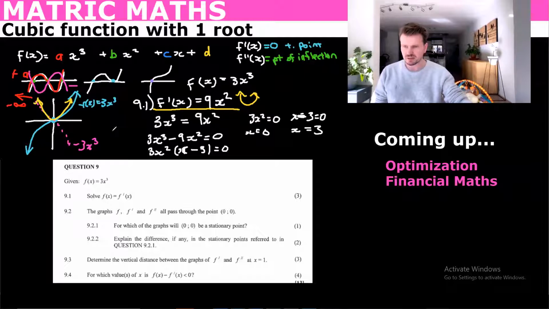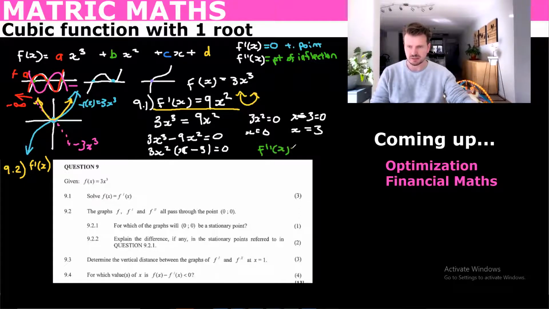So this was 9.1. I'm going to put 9.2 on the side here in yellow. It's going to be f dash of x. Let's look at the second derivative, f double dash of x, in number 2. We're going to do that in green. So f double dash of x is equal to the derivative of 9x squared, so 2 times 9 is 18.